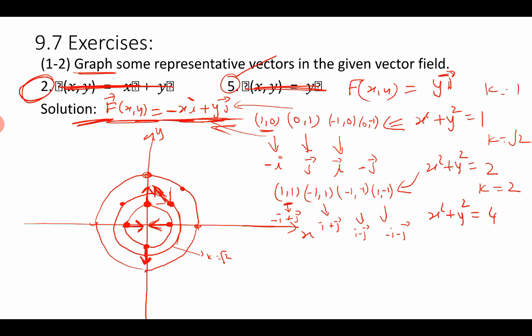You come to this point, negative 1 comma 1, here the vector is i plus j. I in this direction, j in this direction, so your vector is in this direction.